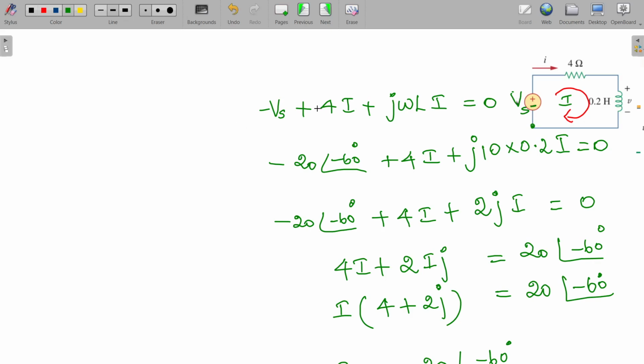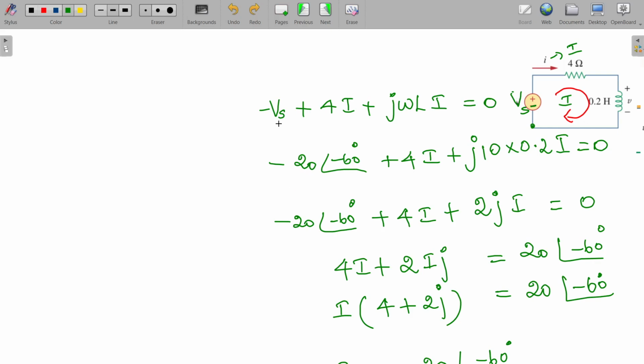So it is −Vs plus 4 times I, the current in the phasor domain, plus the impedance of the inductor, jωL, times the current I flowing through it, equal to 0 in a closed loop.